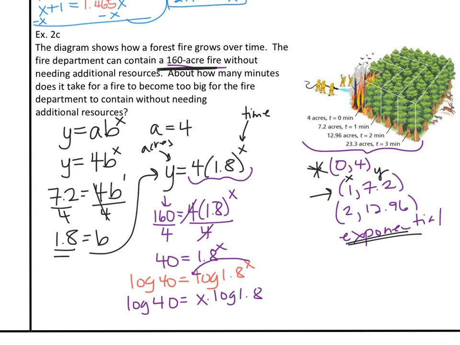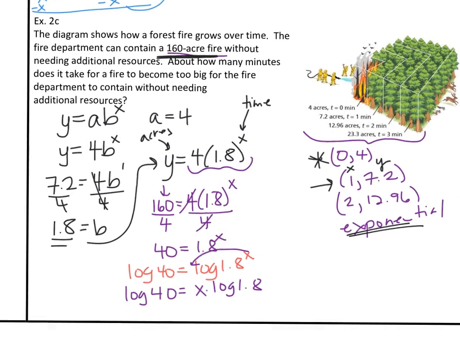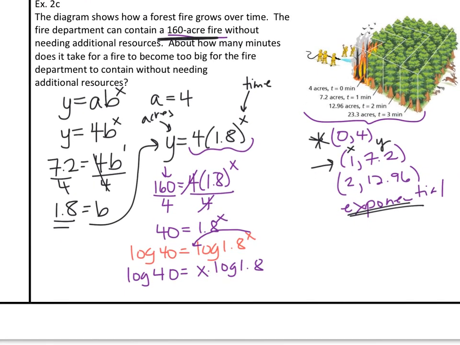Now, to get x by itself, we just need to get rid of that log 1.8. I'm going to slide that up a little bit. That means we'll divide. And now remember, x is standing for time. Go ahead and plug this in to your calculator.